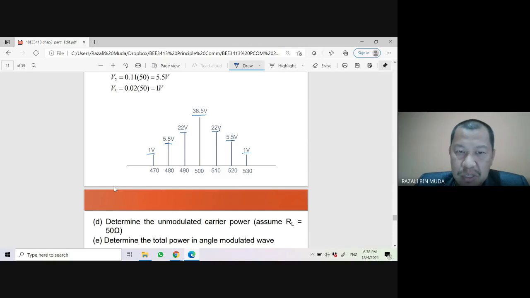For the frequency values, we have FC equal to 500. So FC plus minus FM, what was FM earlier? It is 3, right? So we have 497 and 503 kHz. This is 500 plus minus 3 kHz.